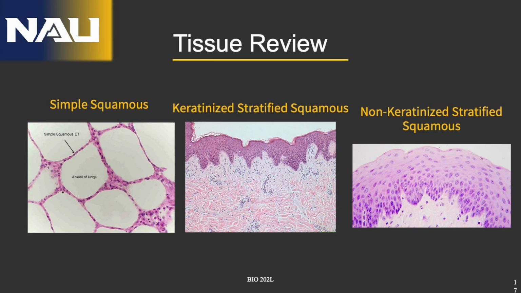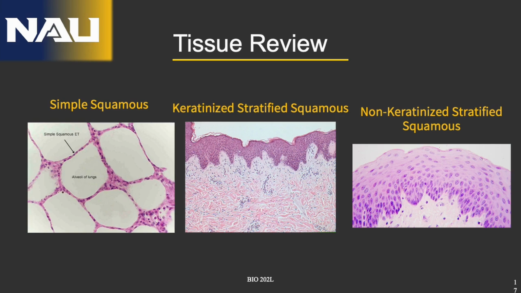You see there's not just one cell. So I'll go back so you can see there's a bunch of cells lining this one pocket here. This is simple squamous tissue, and it lines blood vessels and the alveoli of the lungs. It's really good at efficiently diffusing stuff like gases along the tissues there.